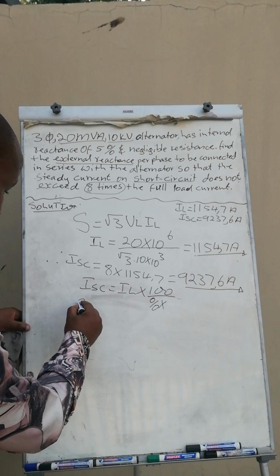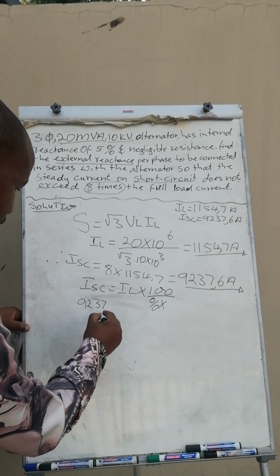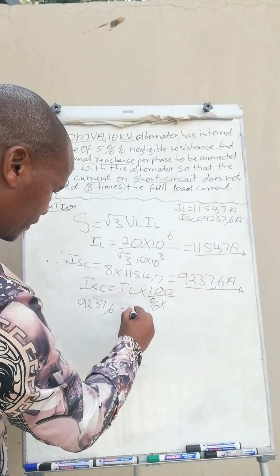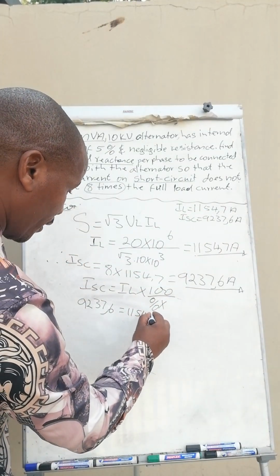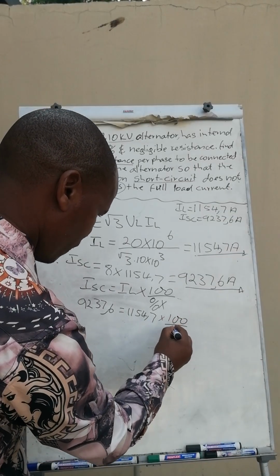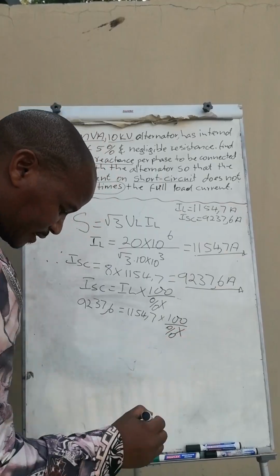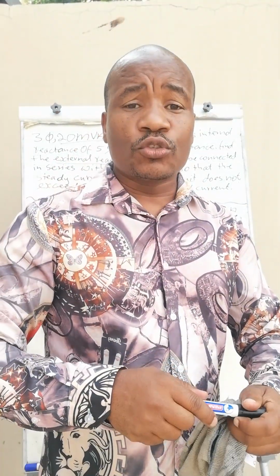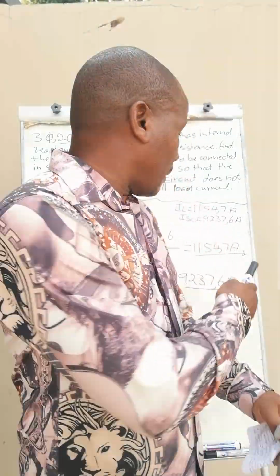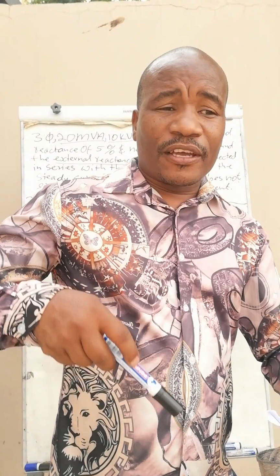All right. 9237.6 is equal to the load current, 1154.7, multiplied by 100 over the percentage X. Like I said, you should always listen. This is the principle of power system protection: we always prefer to do calculations in per units or in percentages. Why?